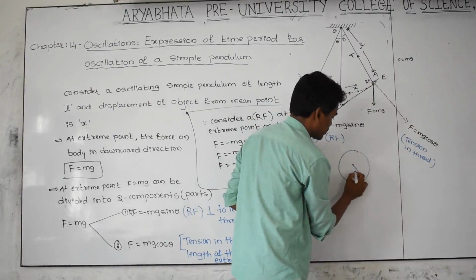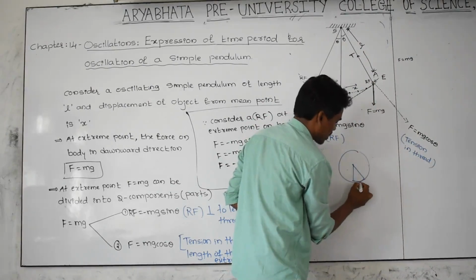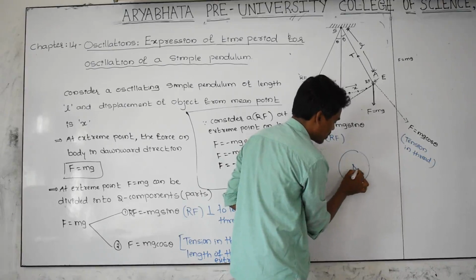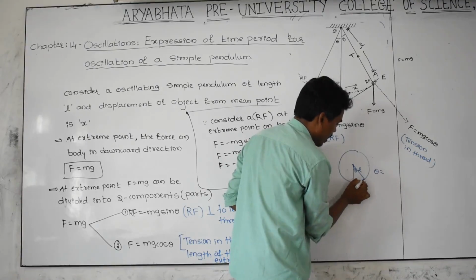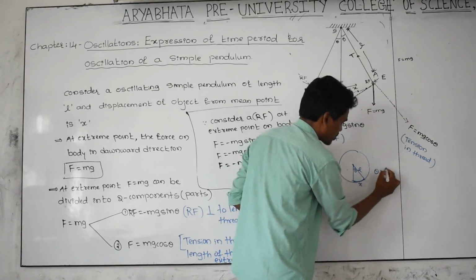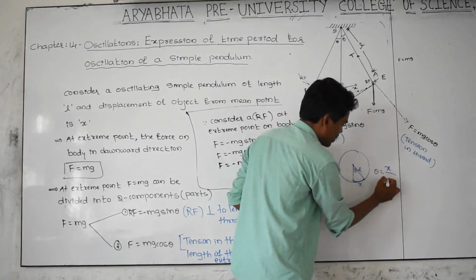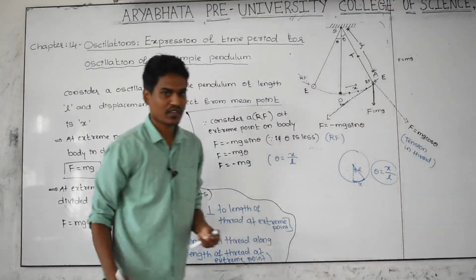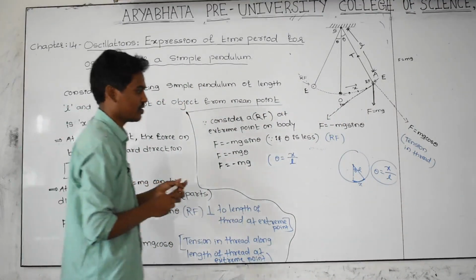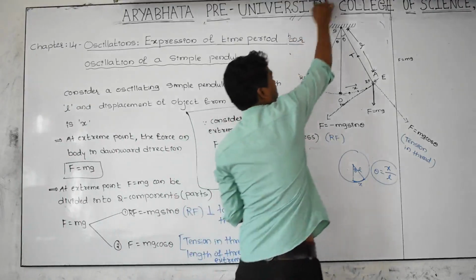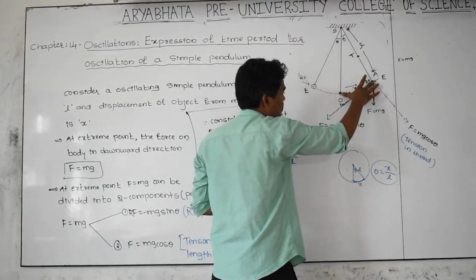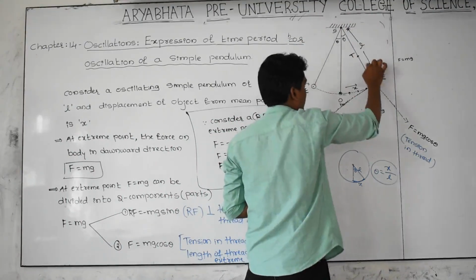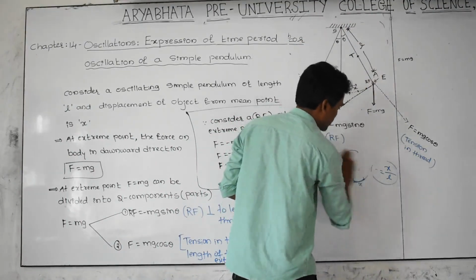This is radius, this is arc. For example, this is x, this is radius L, this is theta. Theta is equal to arc, and arc is nothing but x, divided by L. This is a mathematical formula, you know it very well. Just take an imaginary circle here, then L becomes radius, and theta is arc divided by radius.